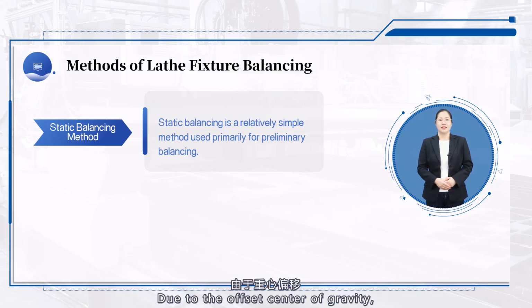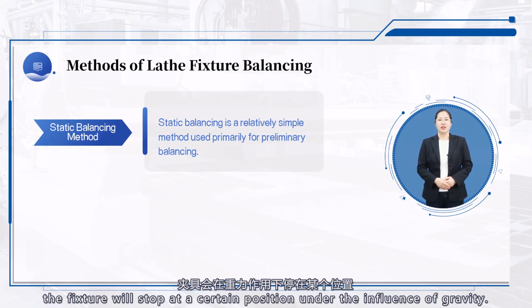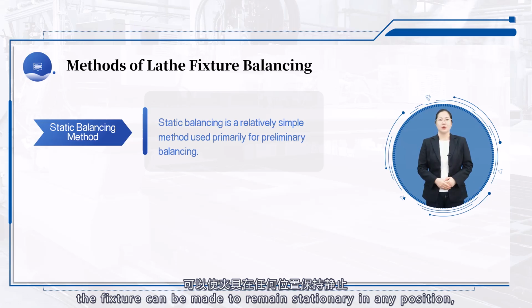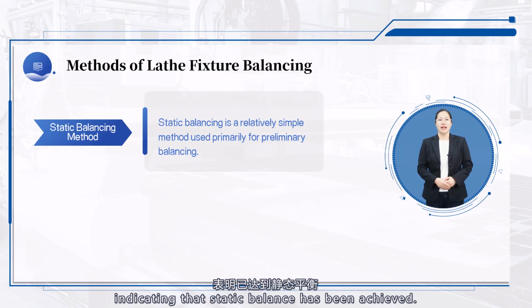Due to the offset center of gravity, the fixture will stop at a certain position under the influence of gravity. By adding counterweights in the opposite direction of the center of gravity, or removing some mass at the center of gravity, the fixture can be made to remain stationary in any position, indicating that static balance has been achieved.